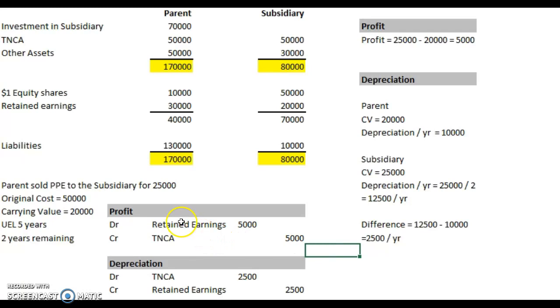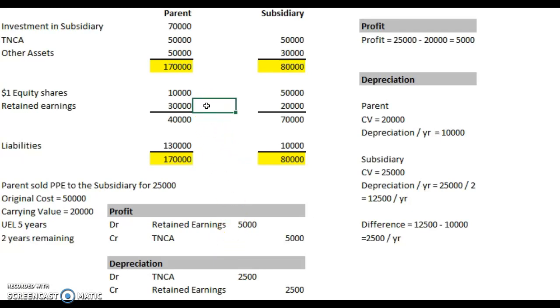The profit has overstated the retained earnings, and yet we've depreciated too much, so we need to credit retained earnings slightly. So the balance, if you balance both of these accounts, is 2,500 in both the retained earnings and the TNCA. So we can do that directly. We need to debit 5,000 from retained earnings.